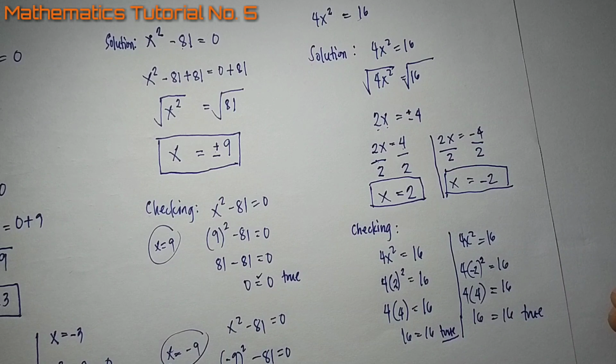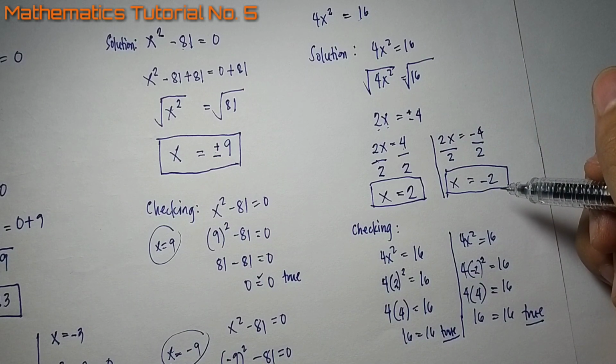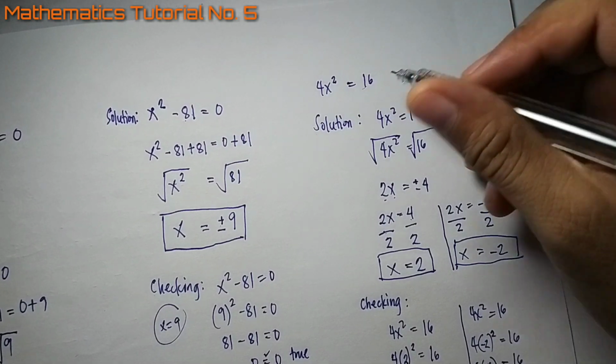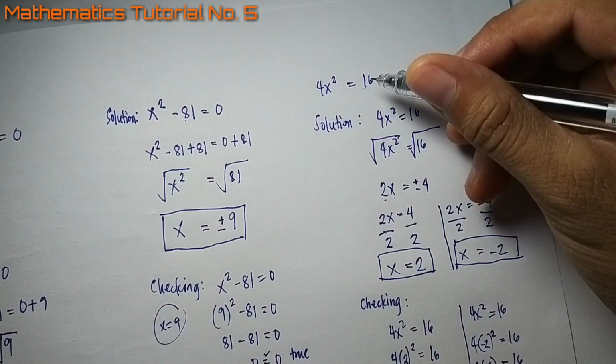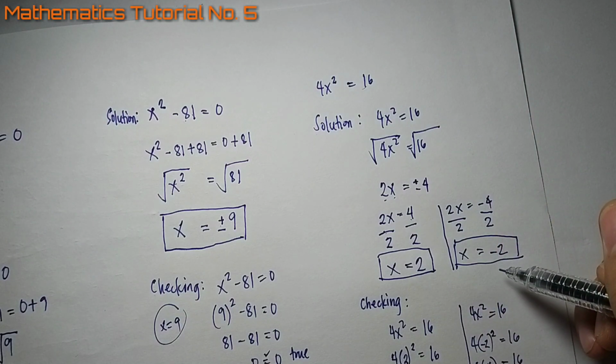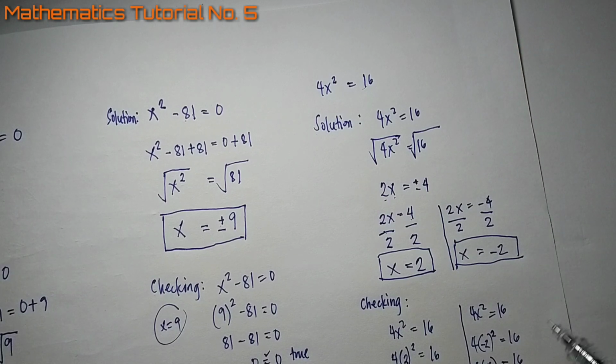Since it is true, our solution negative 2 is correct. So the roots of our quadratic equation 4x squared equals 16 are positive 2 and negative 2. Roots, or in other words, solutions.